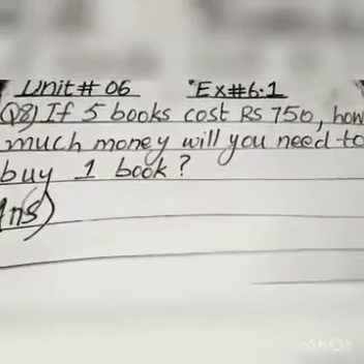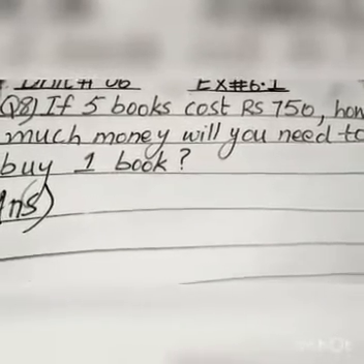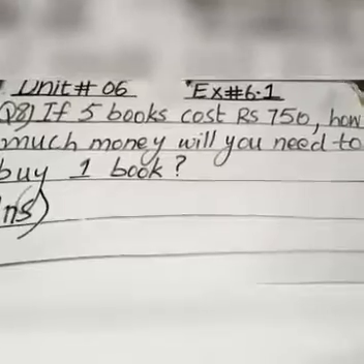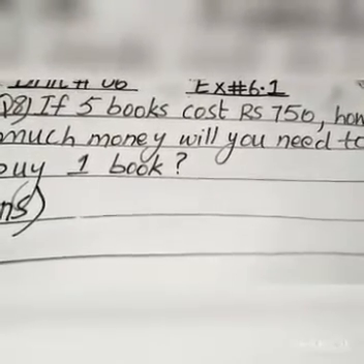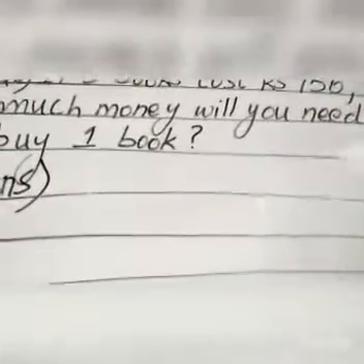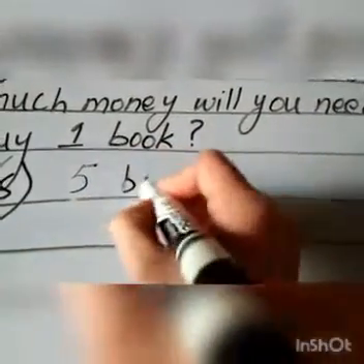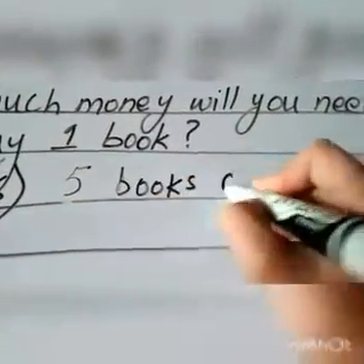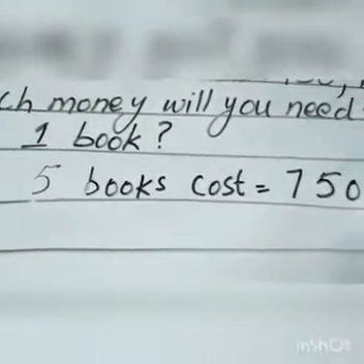Question number 8. If 5 books cost rupees 750, how much money will you need to buy one book? Class, the cost of 5 books is equal to 750. Then how much money will you need to buy one book? Okay. 5 books cost is equal to 750 rupees.